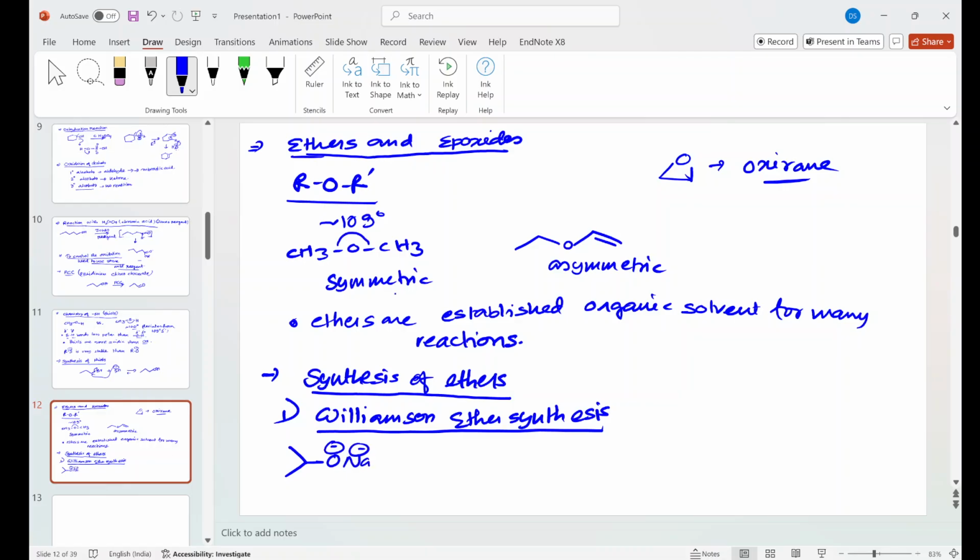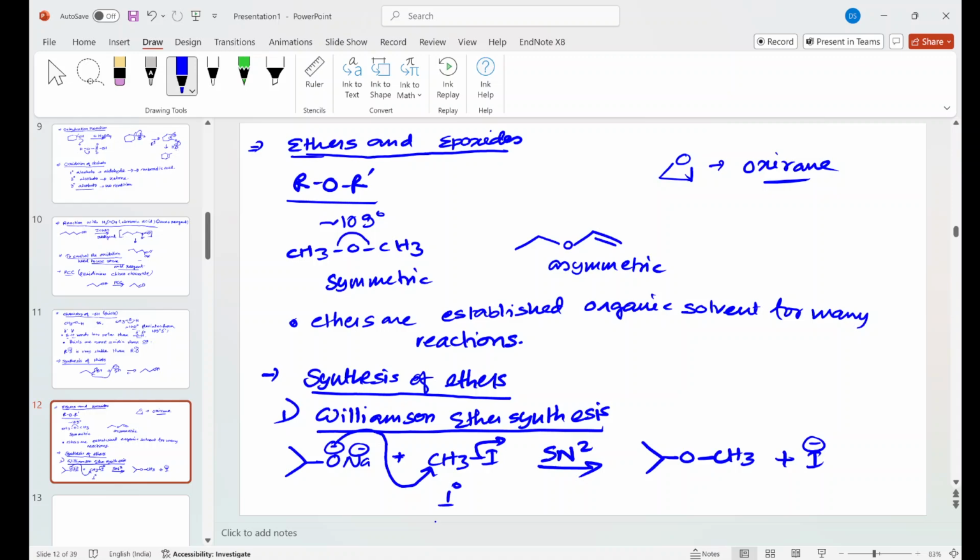So you have an alkoxide that is attacking on a primary alkyl halide. Then you can synthesize the ether. So this mechanism is SN2 mechanism. CH3 plus I minus. Okay, this is 1 degree.